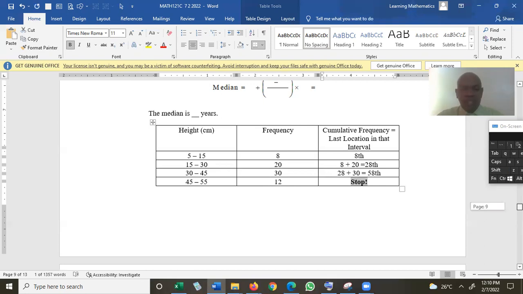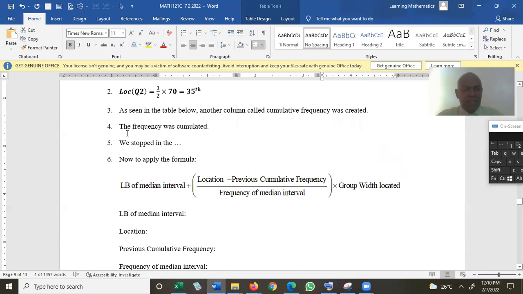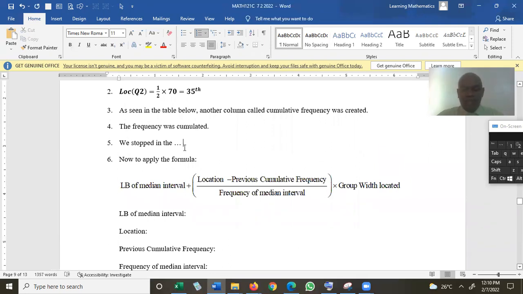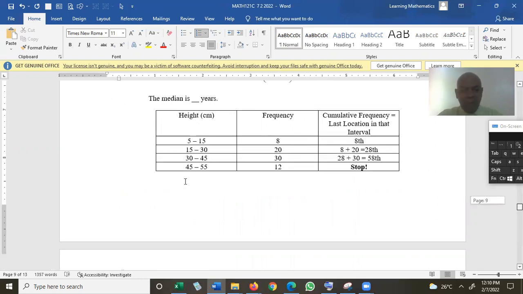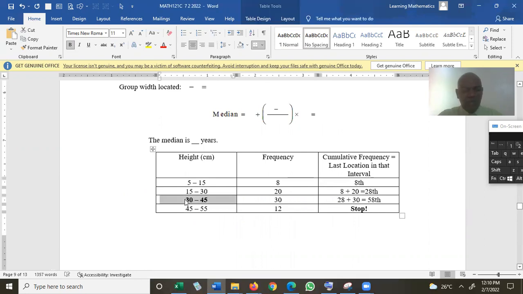So now the next step is to go to the formula. As it says, the frequency was cumulated. We stopped in the interval. Because the interval you stopped in would be the median interval. We stopped in this interval, 30 to 45.